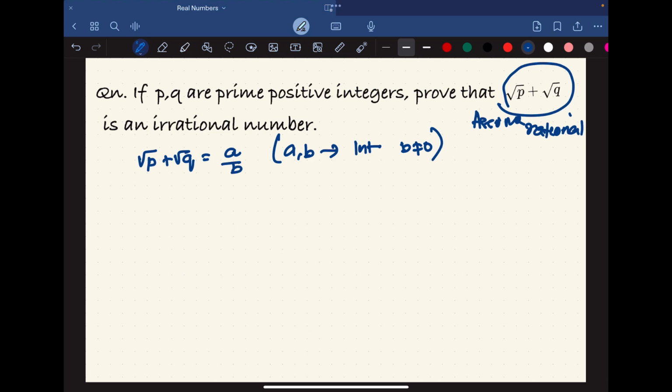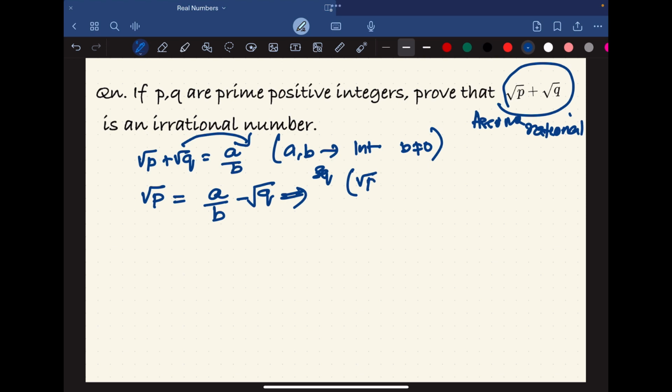So now I'm going to shift everything to the right hand side except root p. So here I'm keeping root p and taking that root q on the other side. So it will be like a by b minus root q. This turns to the other side, so the sign will be changed, right? So now we are going to square both sides.